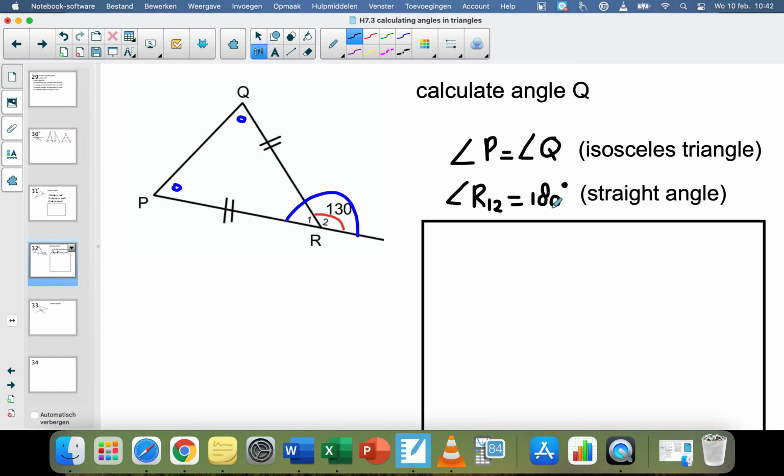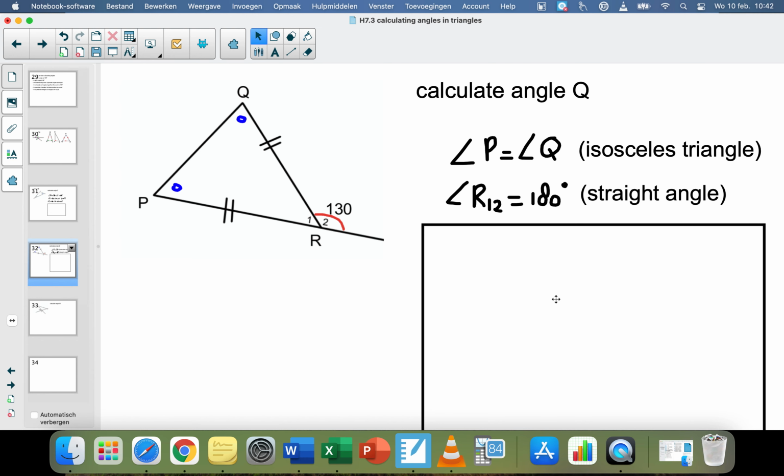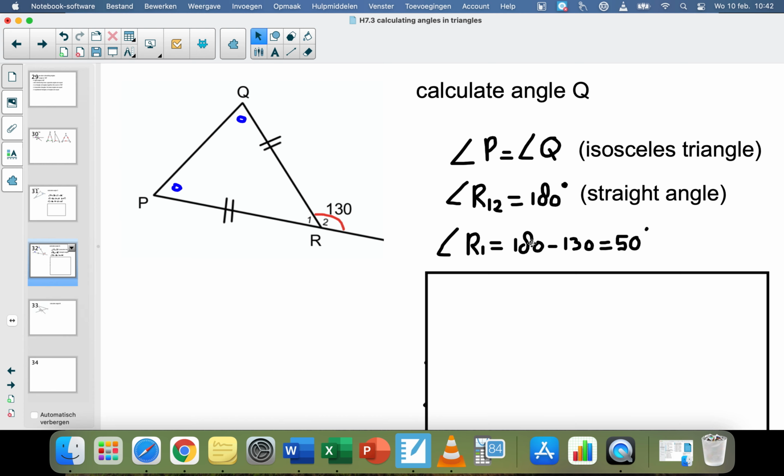That's why it's 180 degrees. So we have to write it down. But we also recognize that that's R1 and R2. So we're going to use that. So we write it down. Because I know R2 is 130 degrees, which means that R1 is 180 minus 130 degrees, because together they're 180. So R1 has to be 50 degrees.